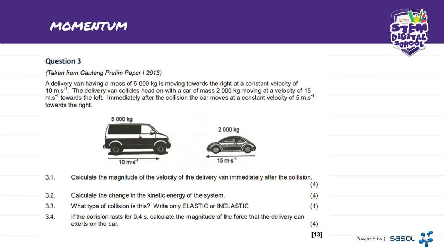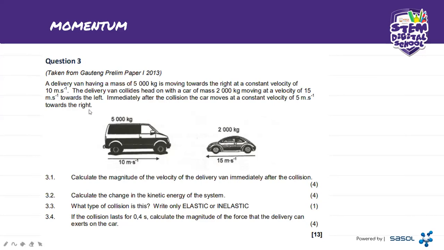The delivery van collides head-on with a car of a mass of 2,000 kilograms, moving at a velocity of 15 meters per second towards the left. Immediately after the collision, the car moves at a constant velocity of 5 meters per second towards the right.